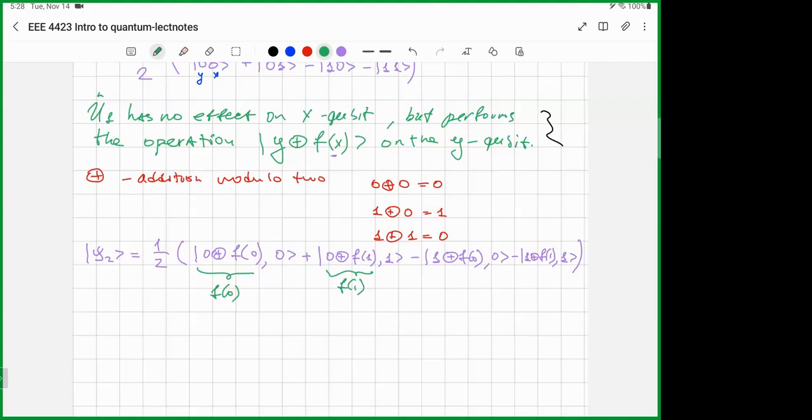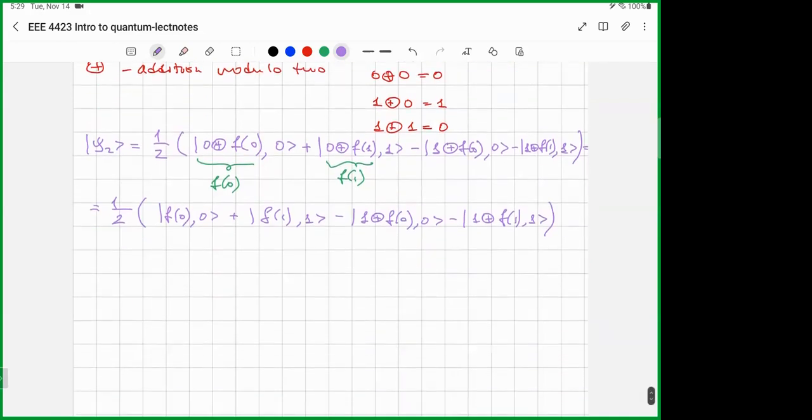But the rest two, 1 plus modulo f(0) and 1 plus modulo f(1), of course depend on the values of f(0) and f(1). All right, so we can rewrite this as 1/2, then state f(0), 0 plus state f(1), 1 minus 1 plus modulo f(0), 0 minus 1 plus modulo f(1), 1.